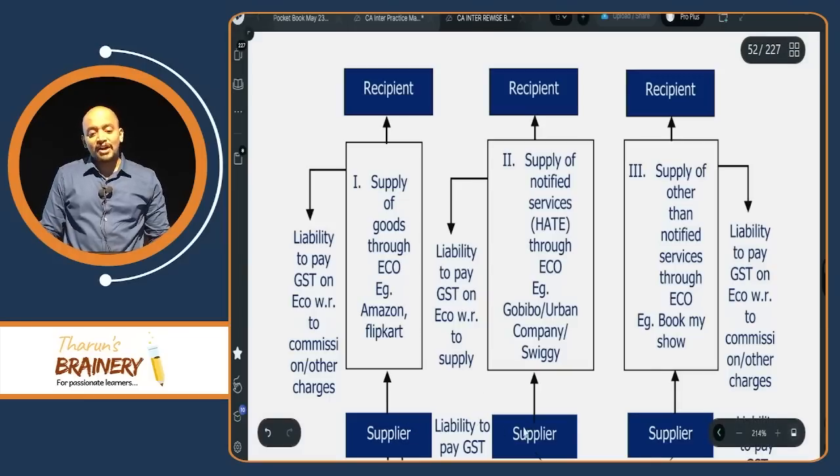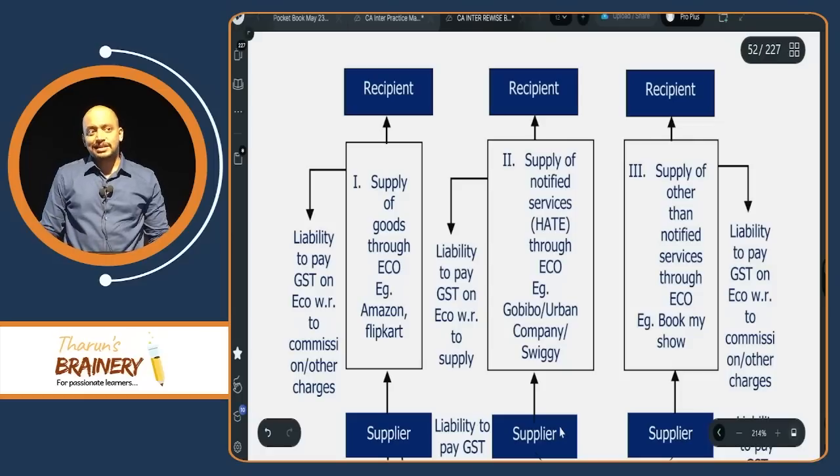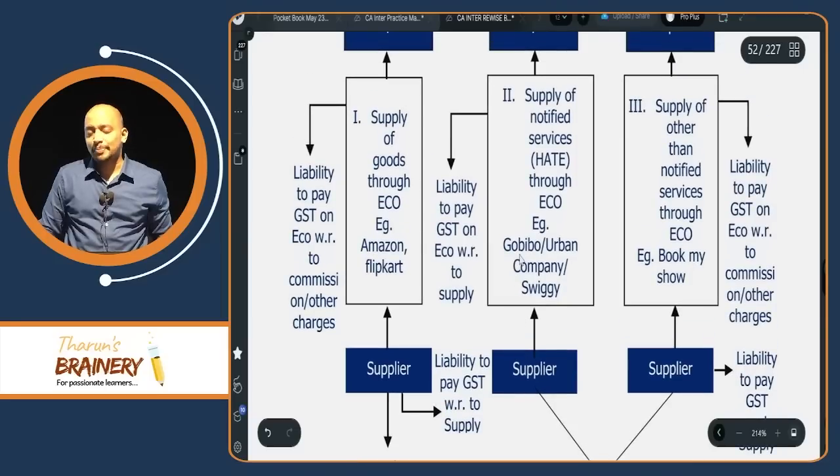In case of supply of notified services, who will pay GST to the government on the supply? E-commerce operator. Then in case of supply of other than notified service, who will pay GST on the supply? Supplier. So in the first and third case, supplier. In the second case, e-commerce operator.